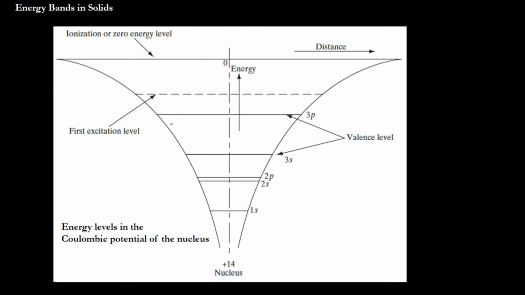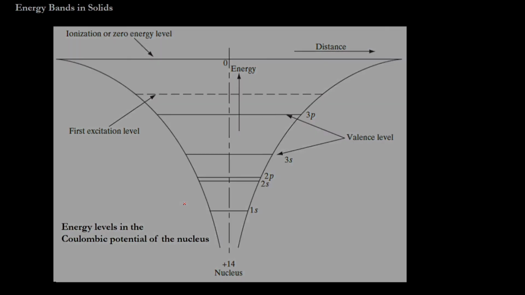This is the energy diagram of silicon. I can convert this energy diagram to one that corresponds to hydrogen. It has only the small portion, right? Because the hydrogen atom has only a 1s orbit. So if I draw only this portion, that is equivalent to the energy diagram of hydrogen.